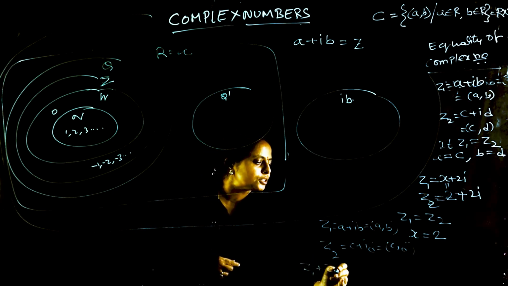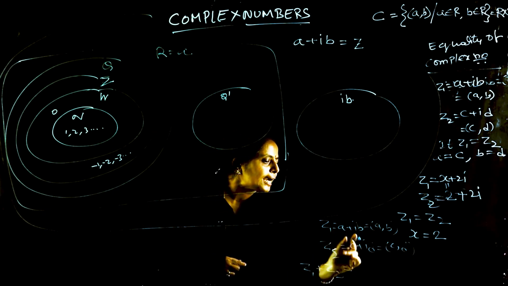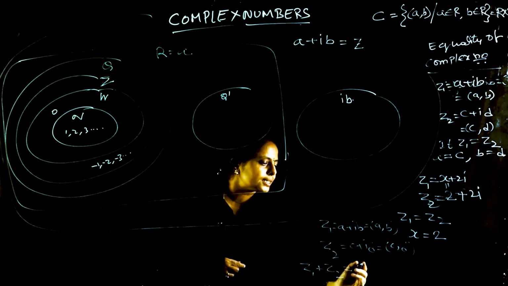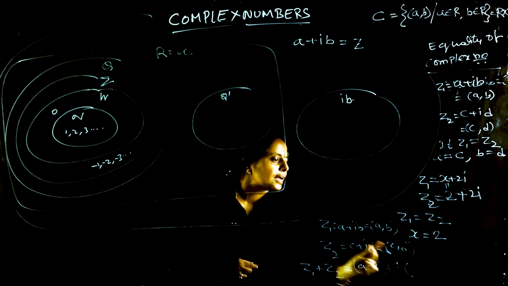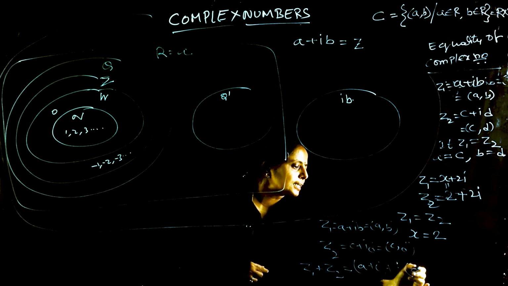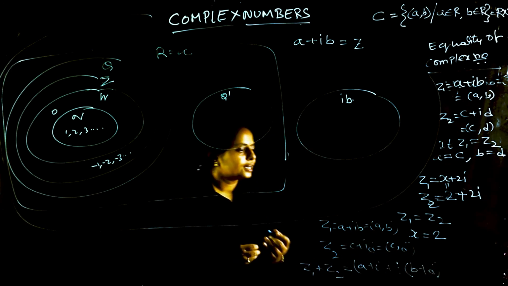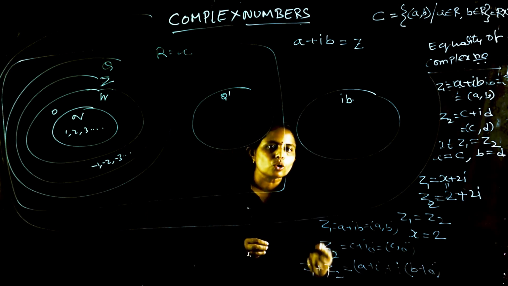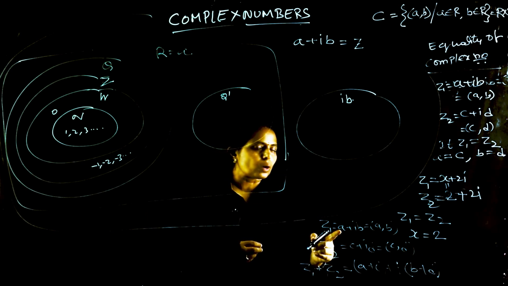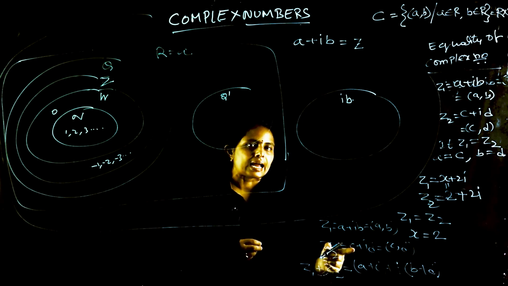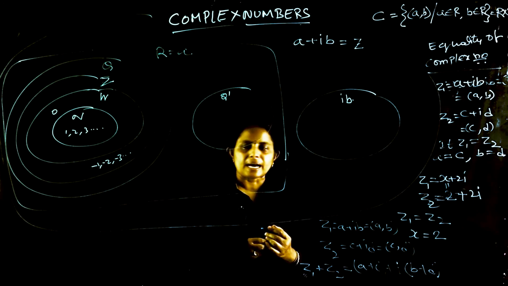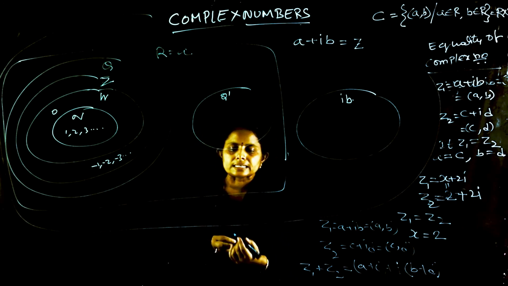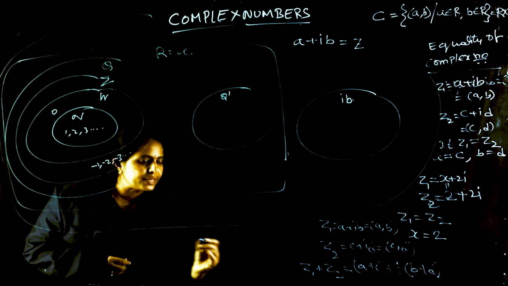Then Z1 plus Z2 is equal to adding the real parts, that is a plus c, plus i times the sum of the imaginary parts, that is b plus d. So whenever we want to add two complex numbers, we have to add the real parts and then i times the sum of the imaginary parts.